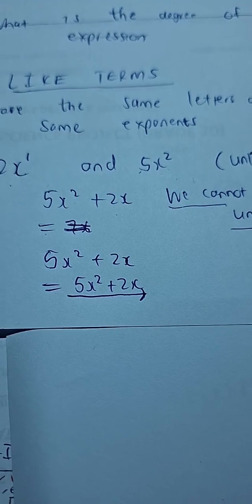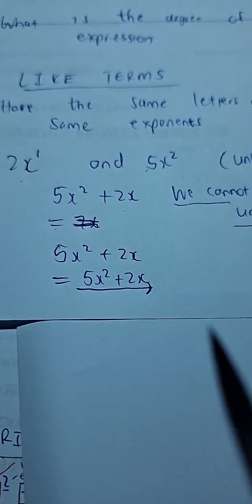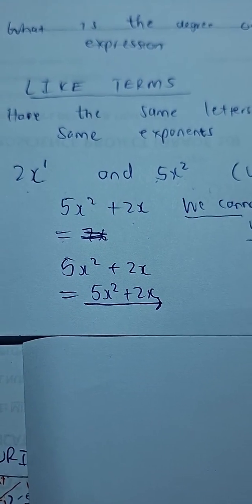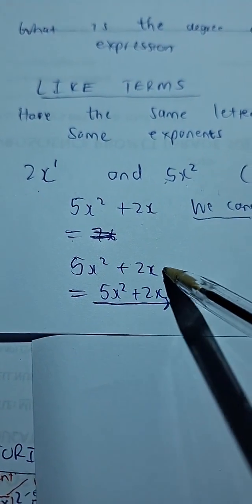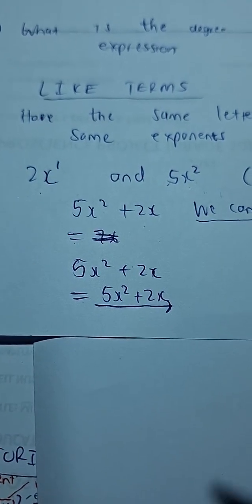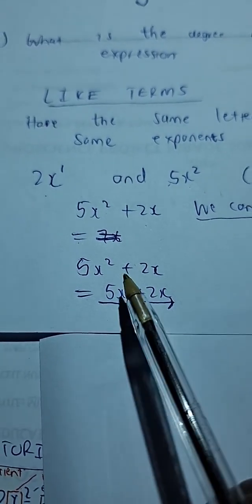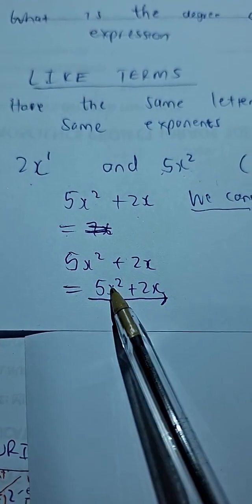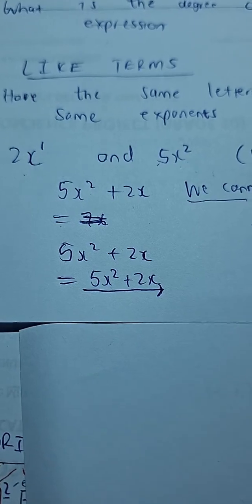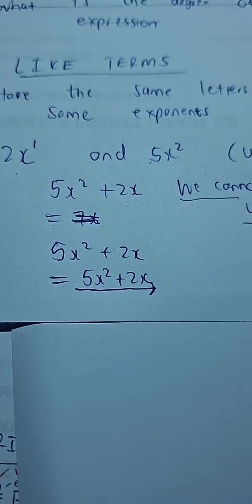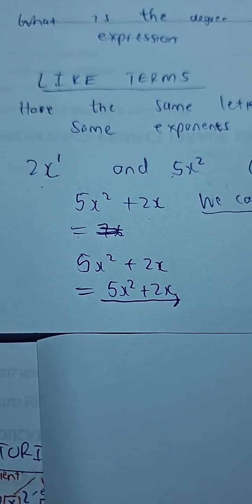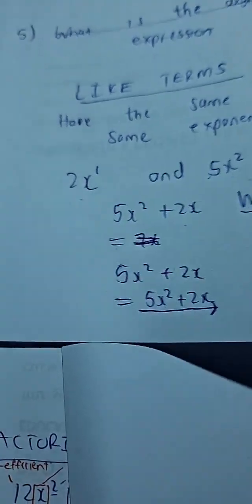I want you to add or subtract this 5x squared plus 2x. Meaning simplify it. So 5x squared plus 2x is already simplified, because we cannot add or subtract unlike terms. What you've just done there, Donald, is not simplifying the answer in any way.